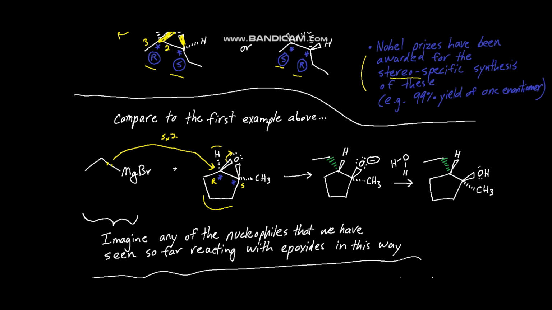Bond forming, bond breaking, and then we have our new bond that's formed here. We've added this 2 carbon piece, right? The hydrogen has inverted. Inversion. And notice the oxygen has stayed forward.